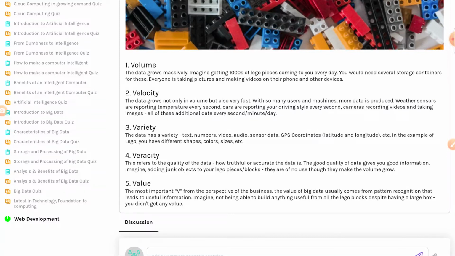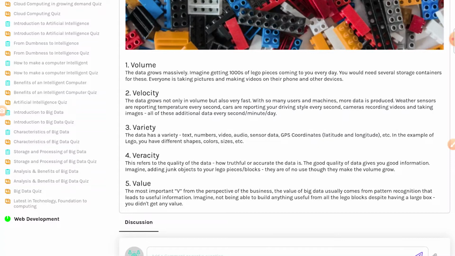Second is the velocity. I used the word rapid. The velocity talks about not only volume, but how fast data is growing. Just take the example of weather sensors in different parts of the world. They are sending data every second: the humidity, wind speed, the pressure, the humidity in the air.